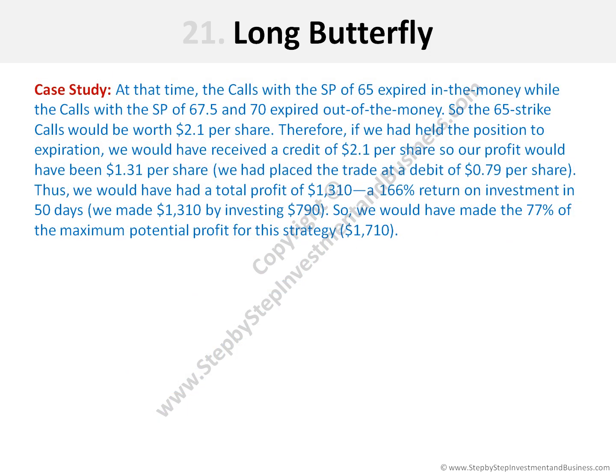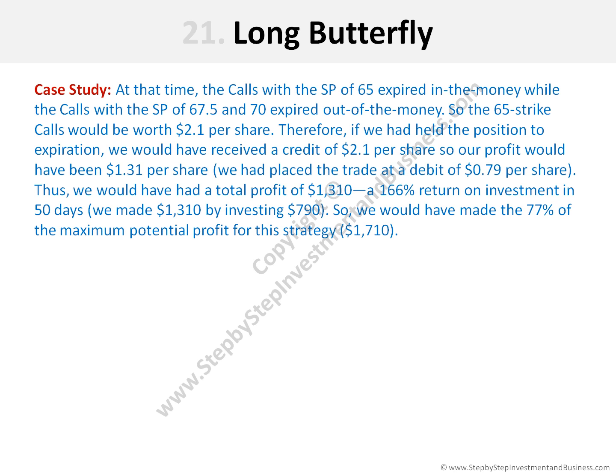At that time, the calls with the strike price of 65 expired in the money, while the calls with the strike prices of 67.5 and 70 expired out of the money. So the 65 strike calls would be worth $2.1 per share.